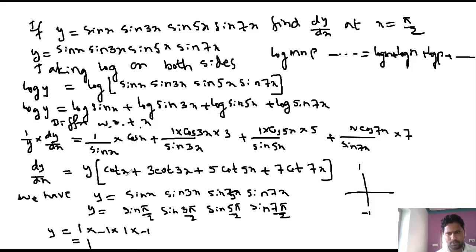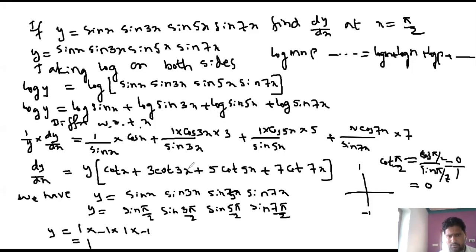Now what is cot pi by 2? Cot pi by 2 is equal to cos pi by 2 divided by sin pi by 2. Cos pi by 2 is 0 and sin pi by 2 is 1, so it is 0. That is, cot x is 0.